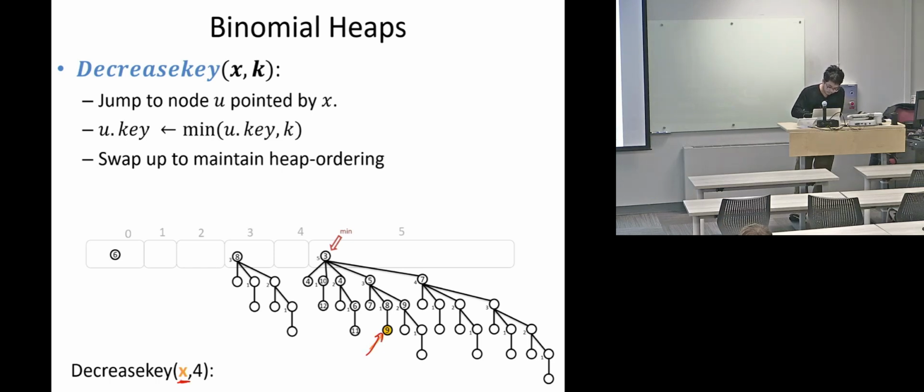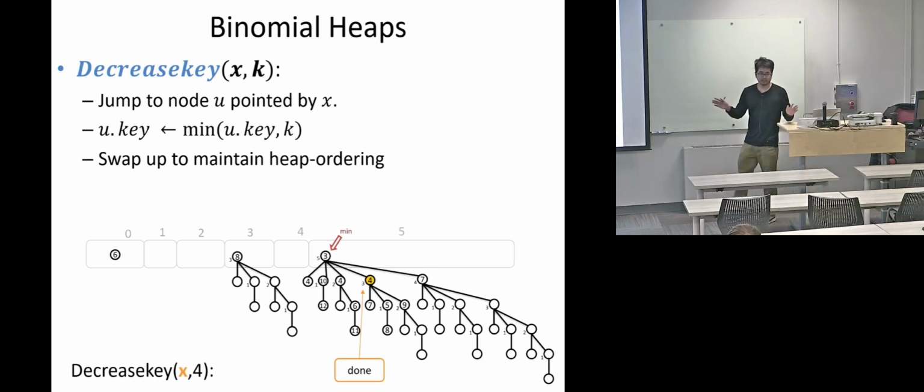I want to decrease to 4. Then I do that. Just decrease this from 9 to 4. But now the heap order is broken, so I need to swap. So swap that and repeat until it's fixed. So here I need to swap again. So now I'm done. Okay.